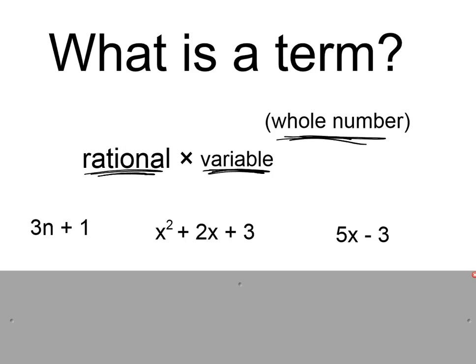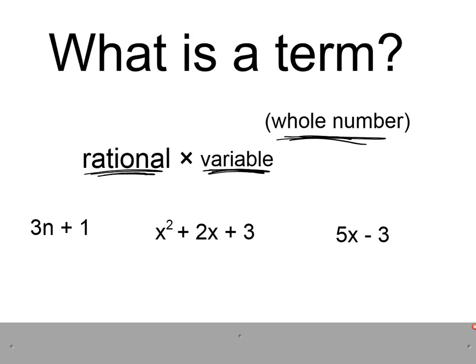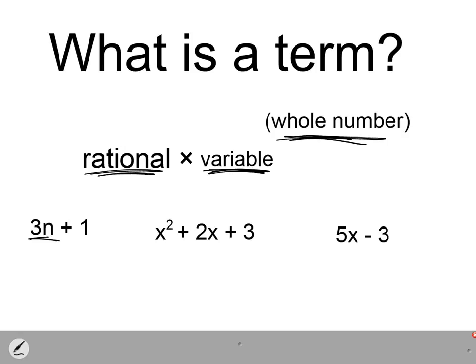Look at the 3 polynomials that we've been sort of talking about so far. If we look at these 3 polynomials, this 3n fits this pattern here because it's 3, which is a rational number, times a variable, which in this case is the letter n, and the whole number power on it would be 1. What about the 1? I don't see a variable there. Well, yeah, but you can think of it as the number 1 times the variable, say n again, but now it's taken to the whole number exponent of 0.